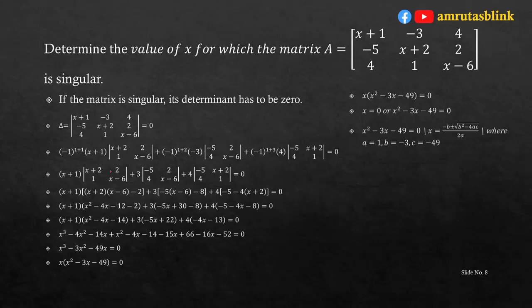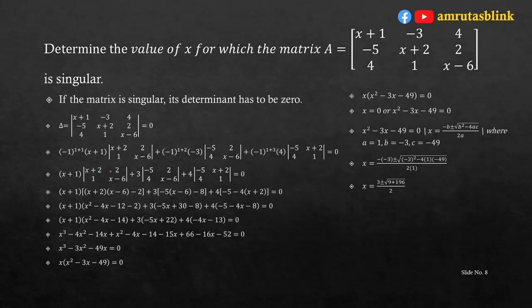That is x is equal to minus b plus or minus under root b square minus 4ac upon 2a, where a is equal to 1, b is equal to minus 3 and c is equal to minus 49. Hence x is equal to minus into minus 3 plus or minus under root minus 3 bracket square minus 4 into minus 49 upon 2 into 1.